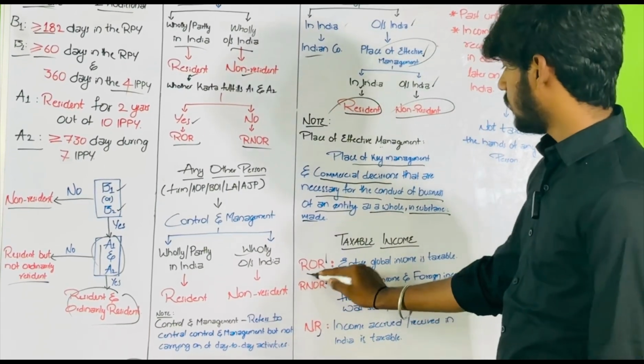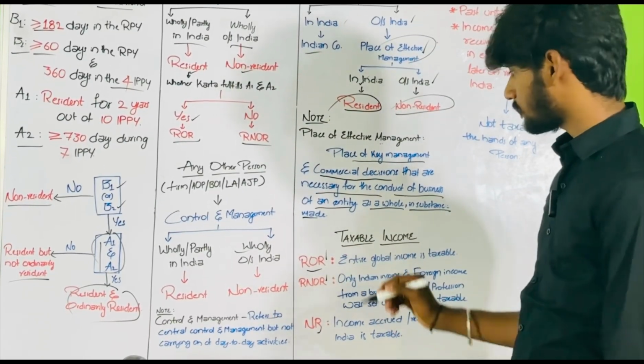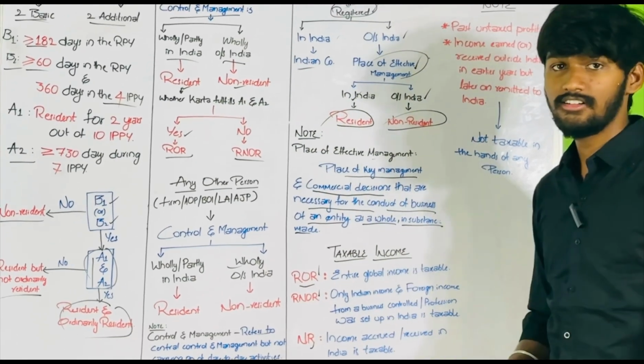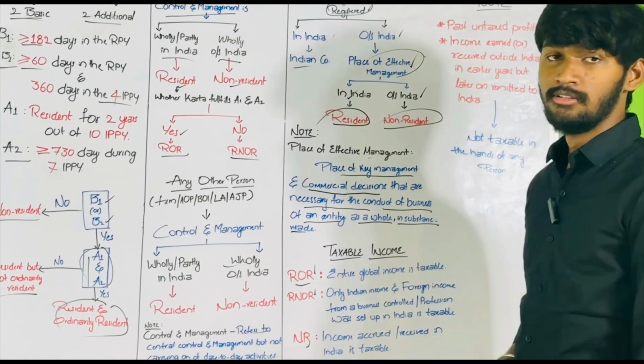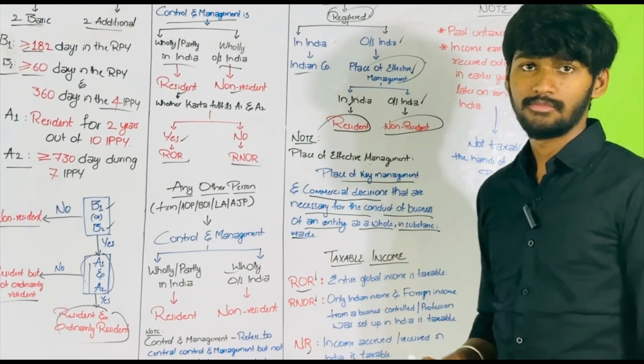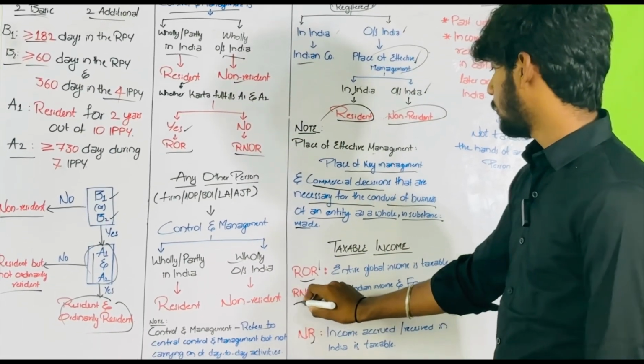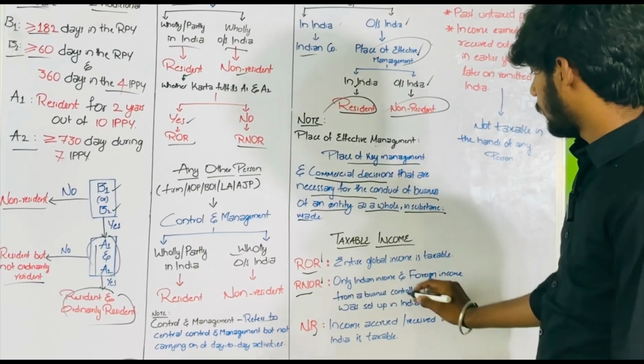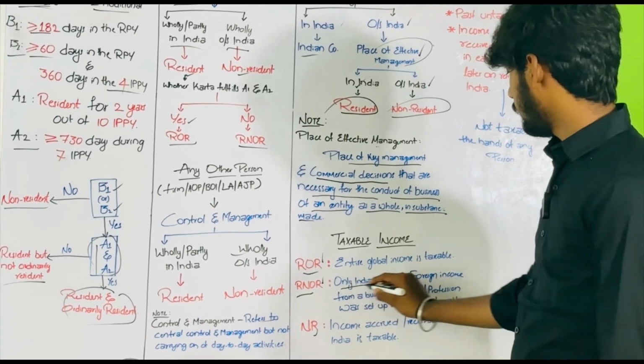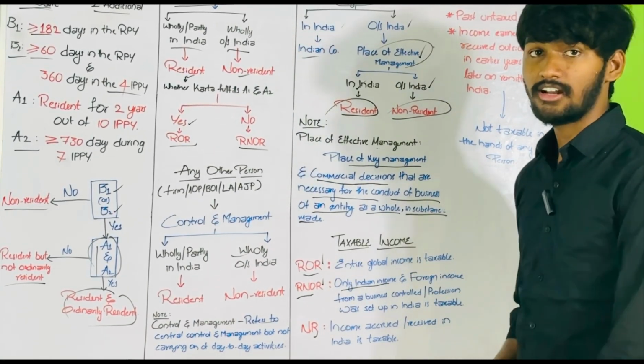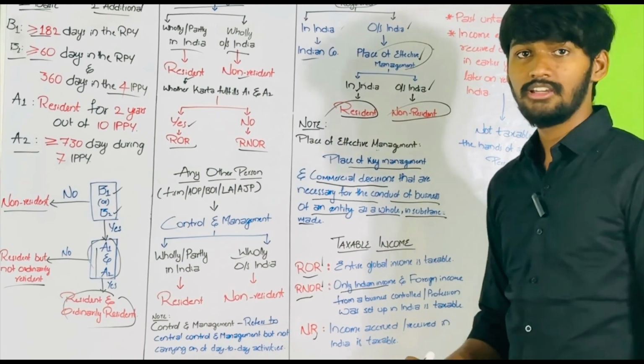So for resident and ordinarily resident, entire global income is taxable, maybe that is Indian income or foreign income. And for resident but not ordinarily resident, only Indian income and foreign income from a business controlled or profession set up in India.